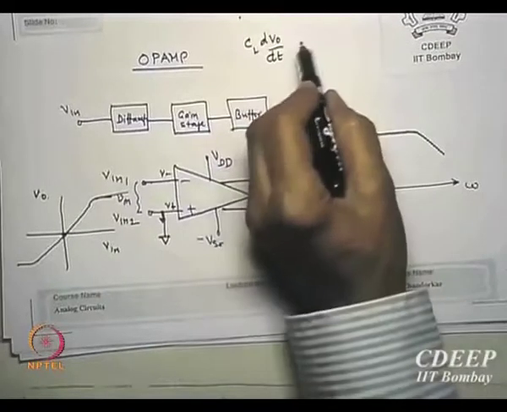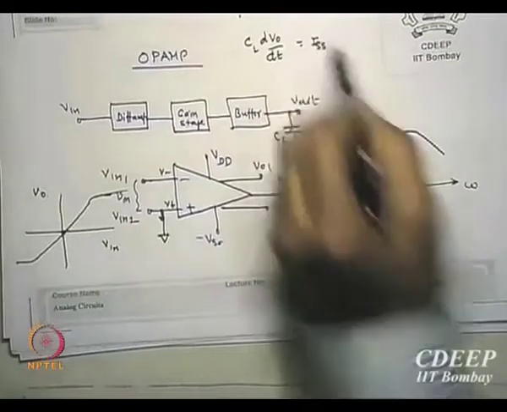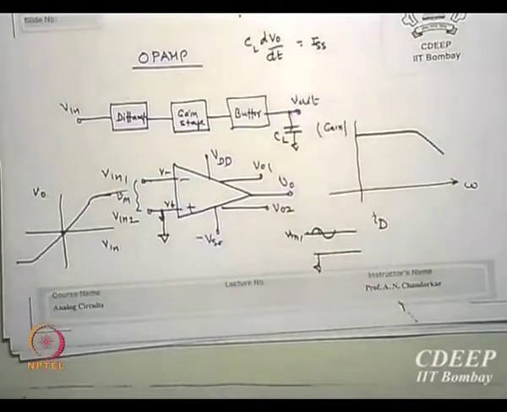So if these are related to ISS, what does this essentially tell us? If ISS is smaller, the time taken to charge or discharge this capacitor will be larger or smaller? Longer time. Smaller current will charge or discharge the capacitor slower.